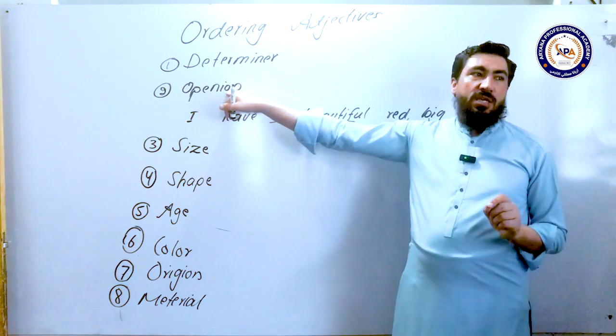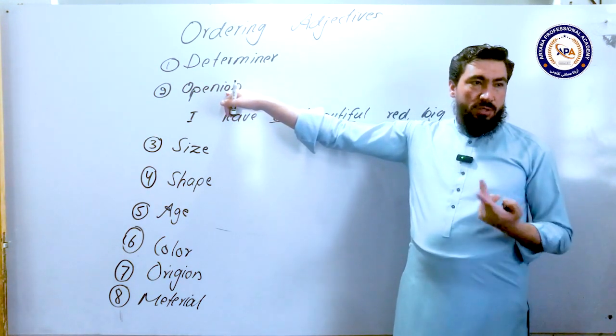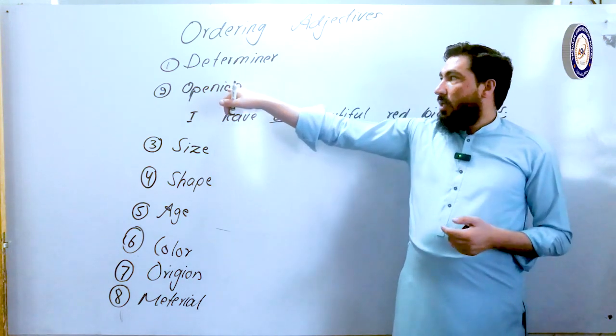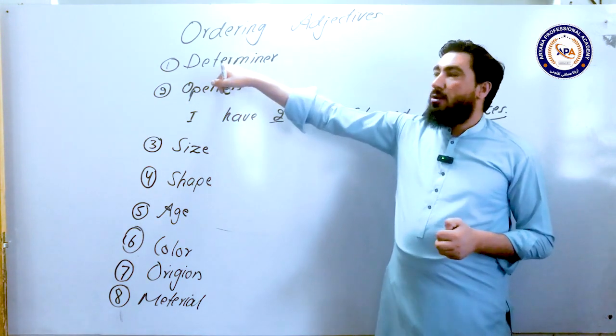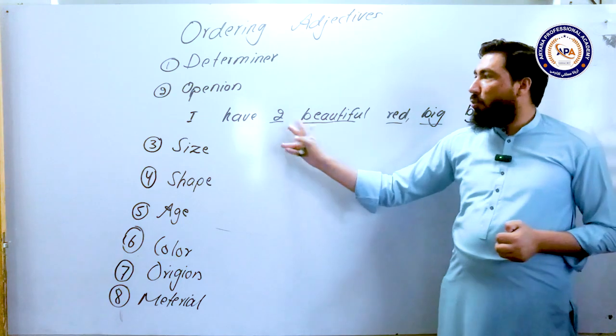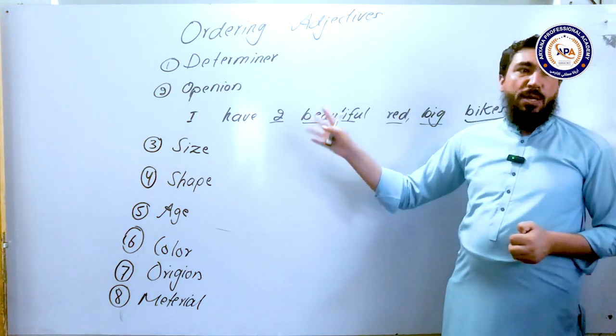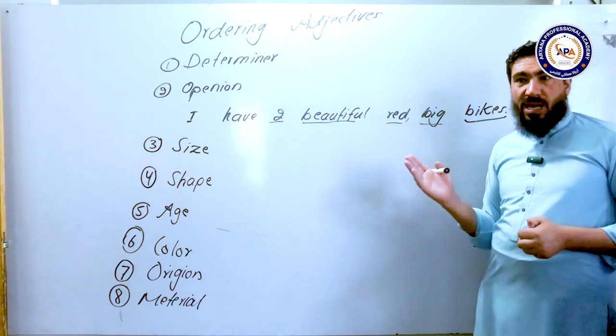Opinion means the quality of a noun or pronoun, like beautiful, good, bad, and so on. So the adjective that shows the opinion of a noun must follow the determiner, like the word beautiful. If you replace these two words, that would be wrong. Like I have beautiful 2 bikes. That is incorrect. You have to say I have 2 beautiful bikes.